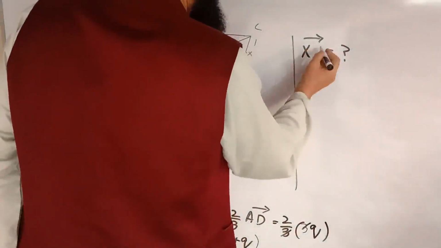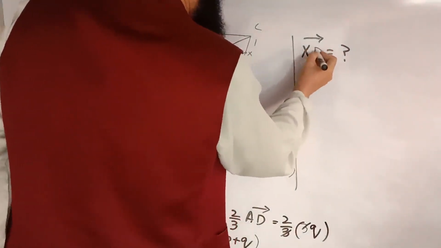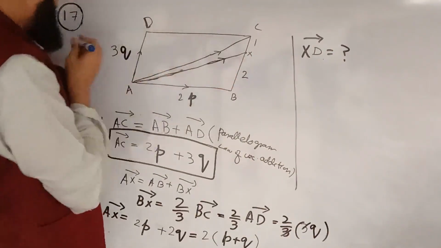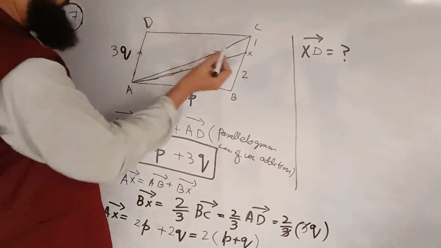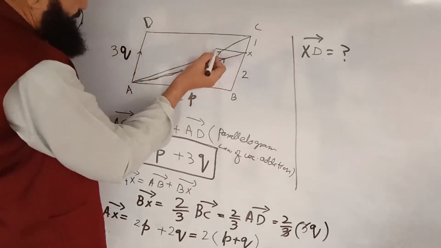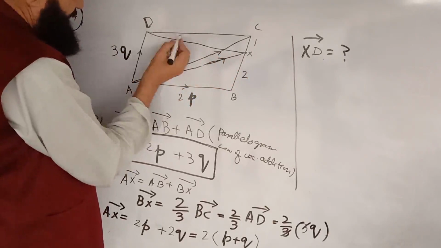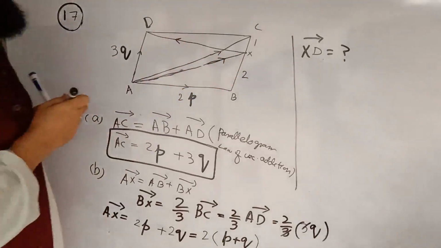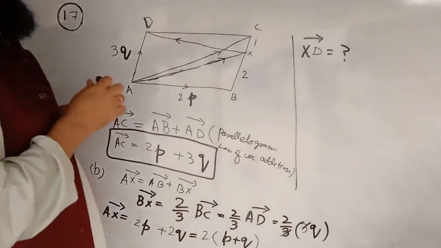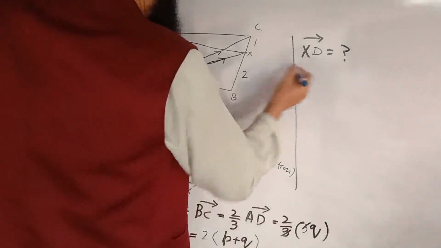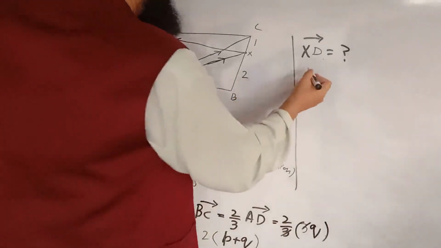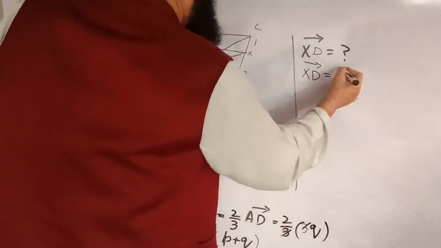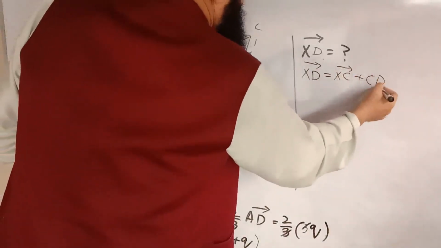It is very easy. XD is this vector. I draw it here for you. XD is this vector, a straight line. So by head to tail rule, by vector addition, we can write that XD is equal to XC plus CD.